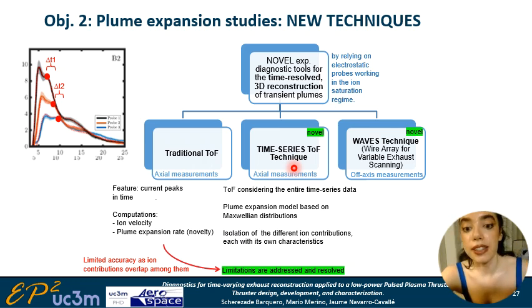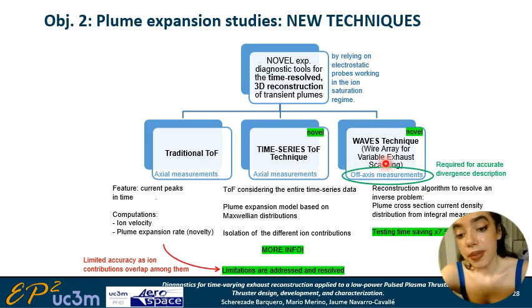successfully addresses those limitations by providing an expansion model based on Maxwellian ion distributions that allows for the isolation of each one of the ion constituents, and that allows for the characterization with several parameters.